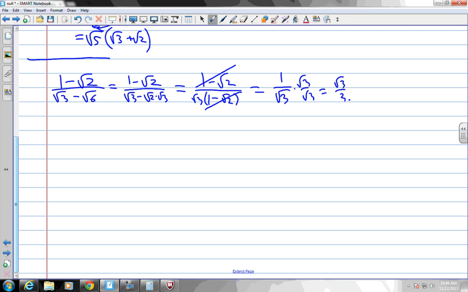I mean, it has to factor perfectly. But it just works in these examples, which is fun. Is that okay? Any other questions on this?